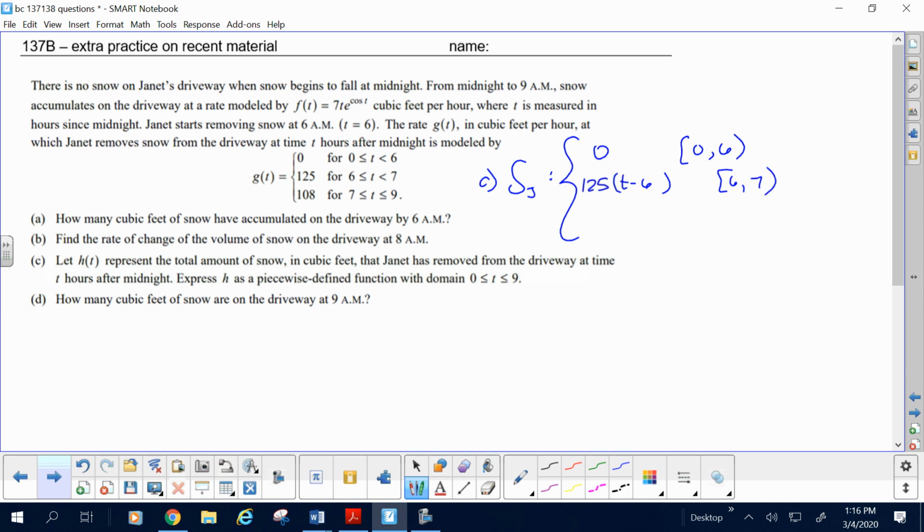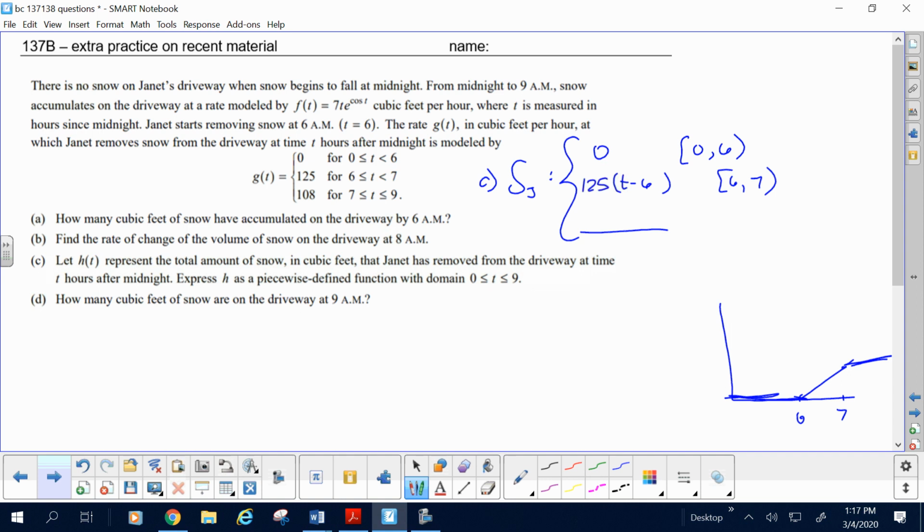So remember that the amount of snow is continuous. It's how much she does in the first 6 hours, smoothly transitions to 6 to 7, smoothly transitions to 7 to 8, or 7 to 9. So we need it to be continuous. So before I go to the third branch, I need to figure out where she left off in the second branch.